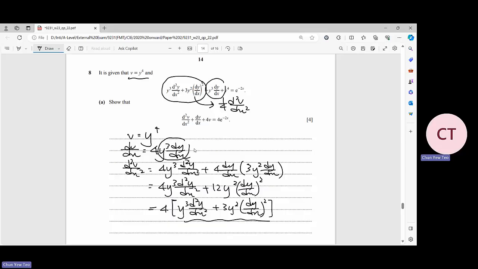You can also make it so the 4 goes over here as a divide. So actually it's considered quite straightforward already. Or what we can do is just multiply everything here by 4. Maybe that will be better.